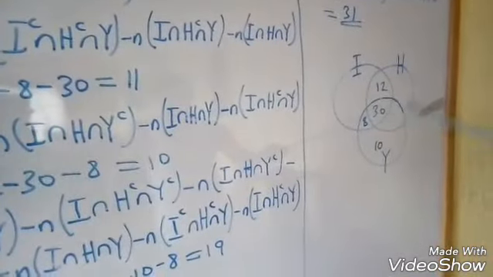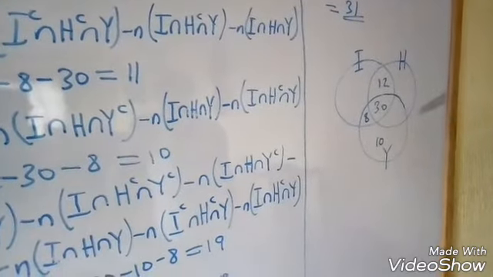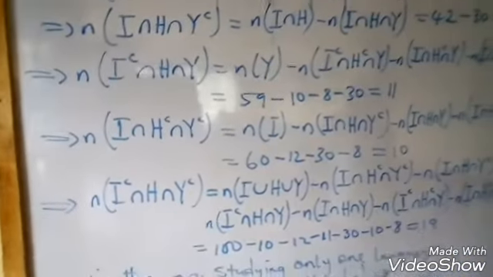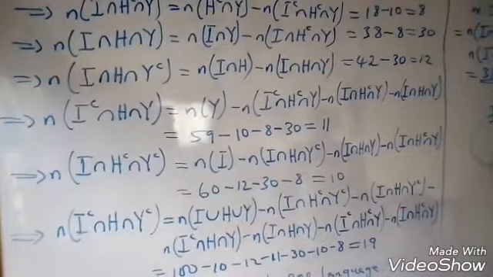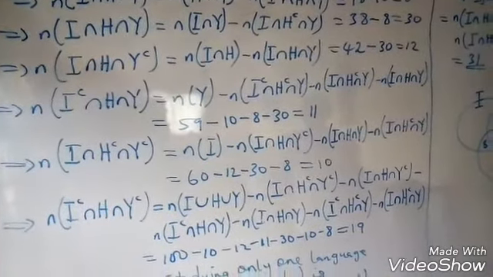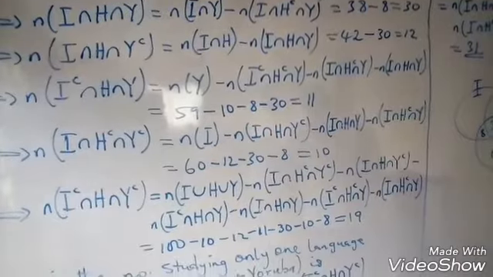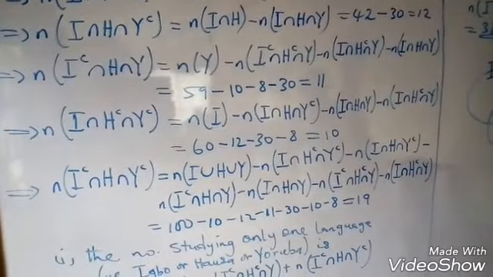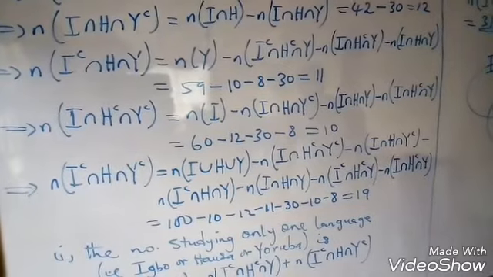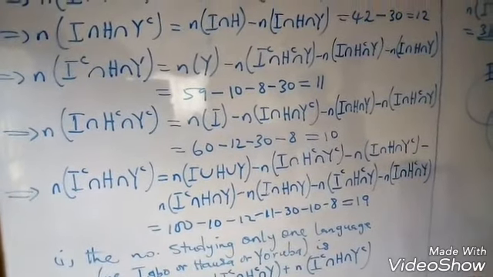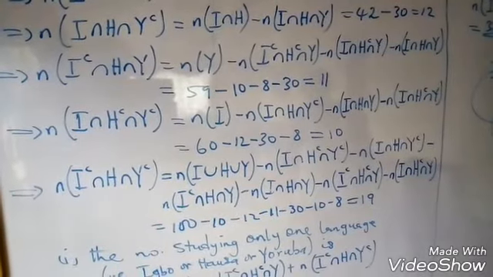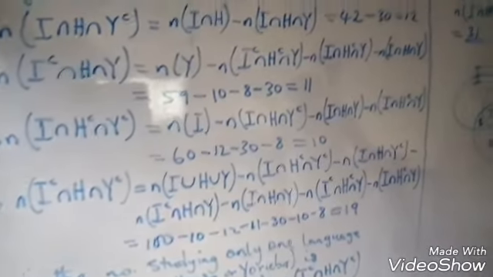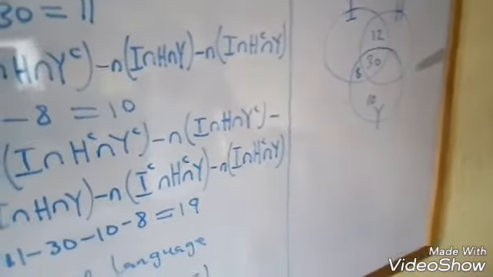So we are going to say 59 minus 10 minus 8 minus 30 will give us H and Y only. We have said that N of I complement intersection H intersection Y equals N of Y minus N of I complement intersection H complement intersection Y minus N of I intersection H complement intersection Y minus N of I intersection H intersection Y, which is 59 minus 10 minus 8 minus 30. That gives us 11. So this is what we have, 11.